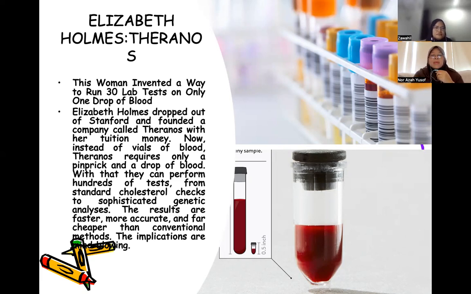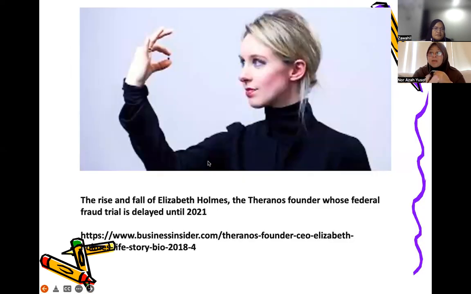And the problem is, it actually is not working well, but she's very good as a business person, and she's very charming, probably. Even the president of the US, Joe Biden, visited her lab, and she managed to pull a lot of money from investors on the technology that is not working.